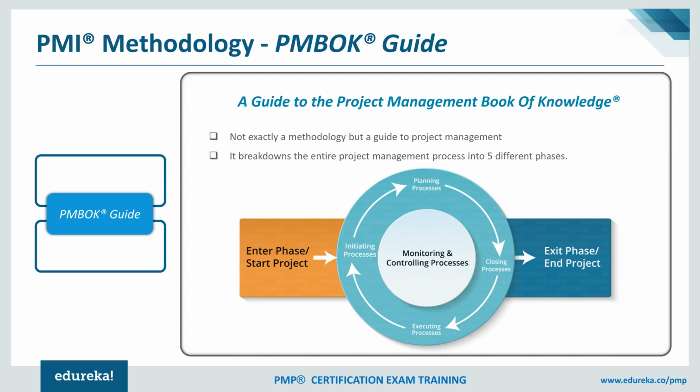I wouldn't call them phases as such, but process groups: initiating, planning, executing, monitoring and controlling, and closing. These process groups would be a part of all the phases of the project. And there are 49 processes as a part of the PMBOK, with a total of 10 knowledge areas and 5 process groups, which I just mentioned.